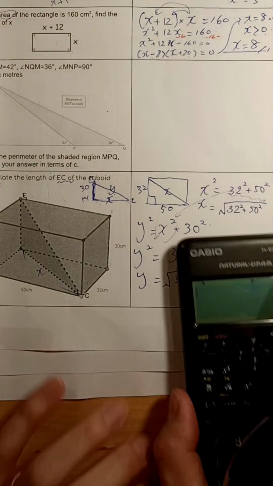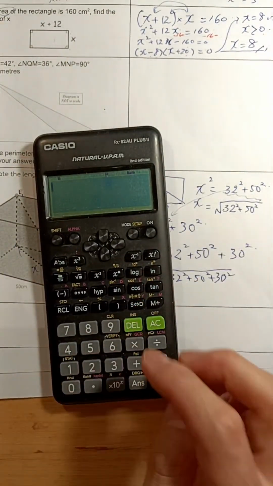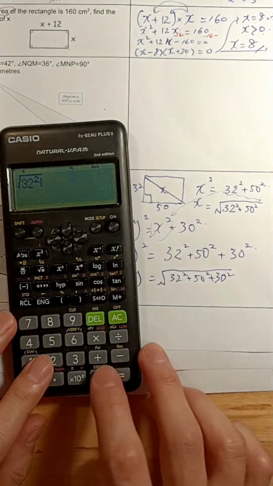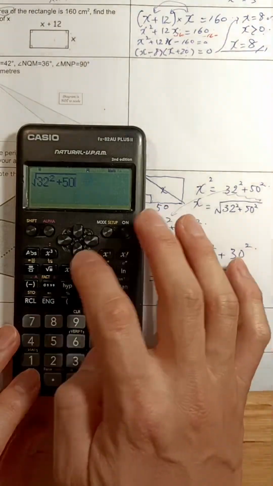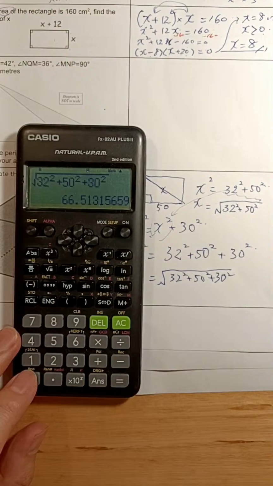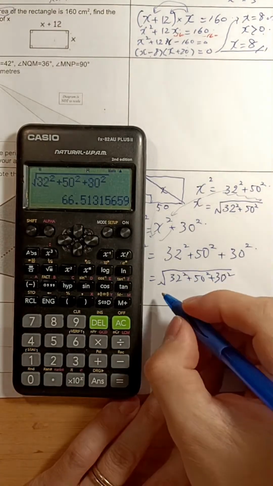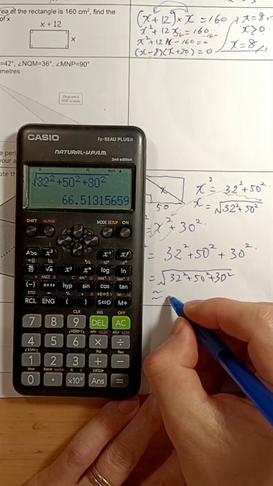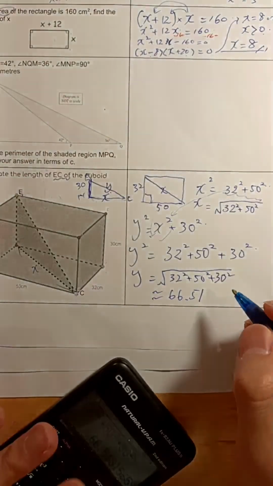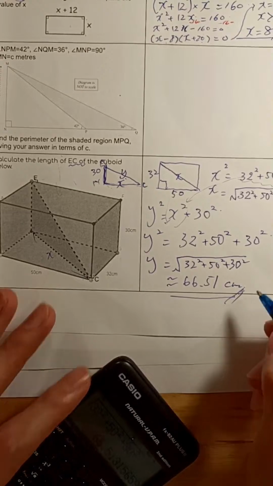Then you can find the answer, okay? So this one is square root 32 squared plus 50 squared plus 30 squared. So the answer is going to be 66.51, and then the unit is important for this one, 9 centimeter. Okay, this is the answer.